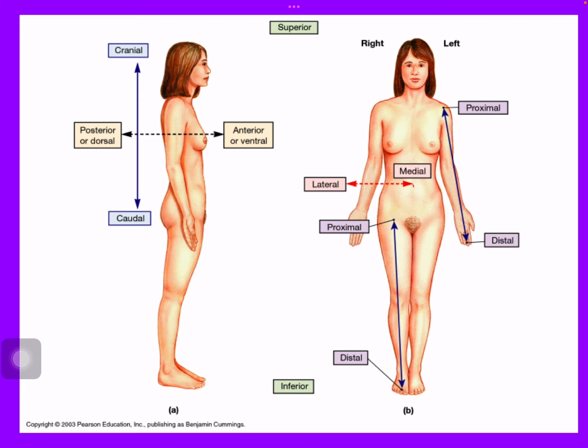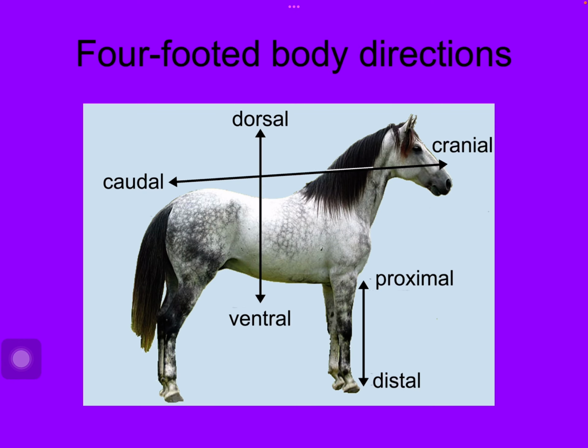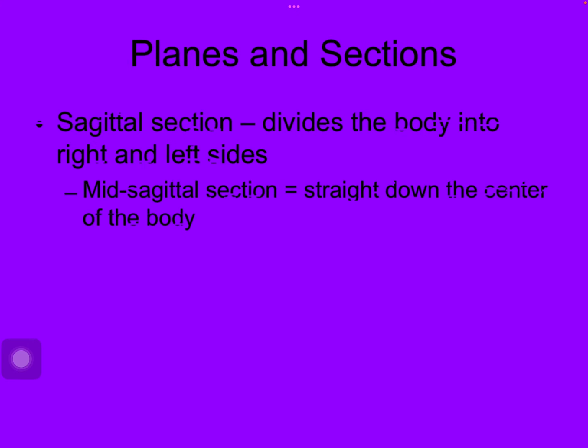In the upper limb, from proximal to distal, and in the lower limb, from proximal to distal. And here are the four-footed body directions: from cranial to caudal, from dorsal to ventral, from proximal to distal. Here it is mentioned very clearly.